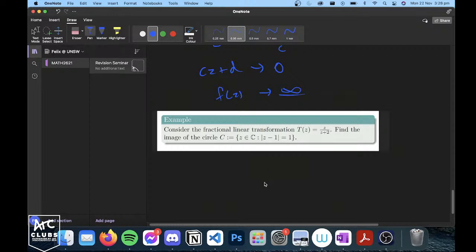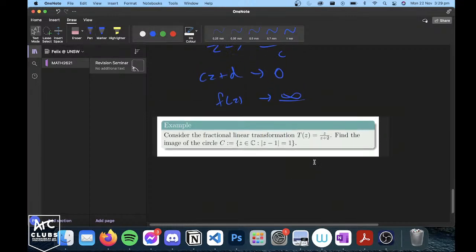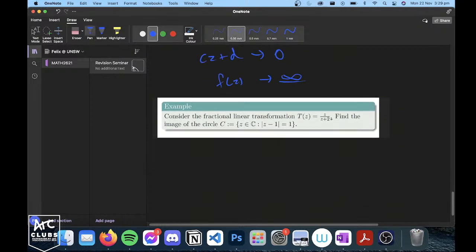Okay, let's start off with thinking about T of z. So when does the denominator equal 0? When does it become unbounded? Well, it becomes unbounded when z plus 2 is equal to 0, i.e. when z is equal to minus 2. And what we need to check is, is this point inside the circle?